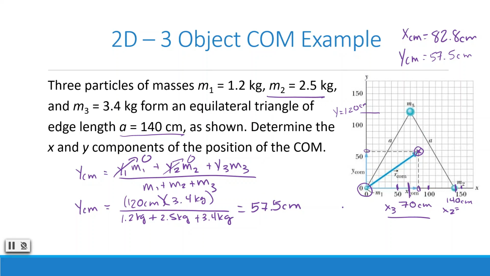If they were, it would be in the center of the triangle. So that RCOM, if we were to write that out in unit vector notation, would be 82.8 cm in the i hat direction, plus 57.5 cm in the j hat direction.